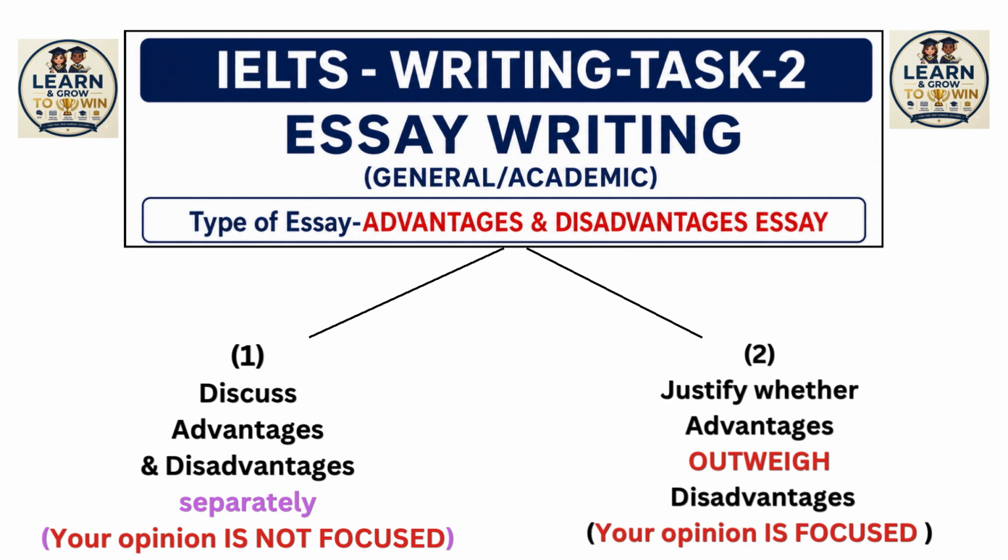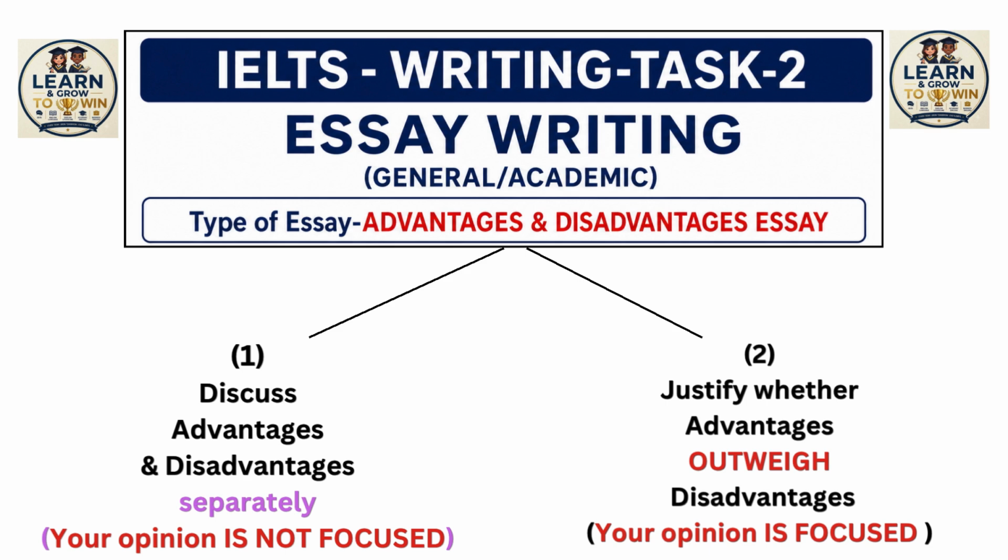There you need to only mention or discuss advantages and disadvantages separately. I think now you can see it clearly on my screen on the left side. This is the first category of discussion, and if you get a question of this type, it would be really easy because this is somewhat the most common type.